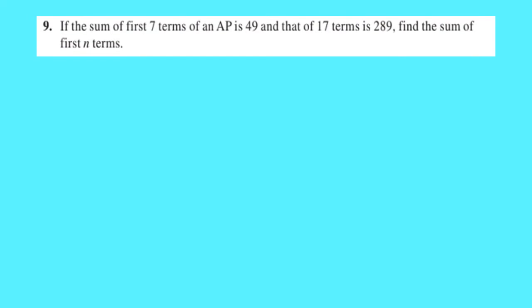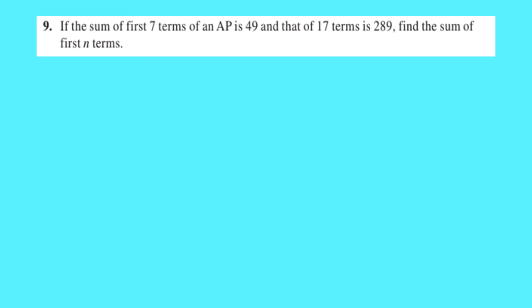Question number 9. If the sum of first 7 terms of an AP is 49 and that of 17 terms is 289, find the sum of first n terms.